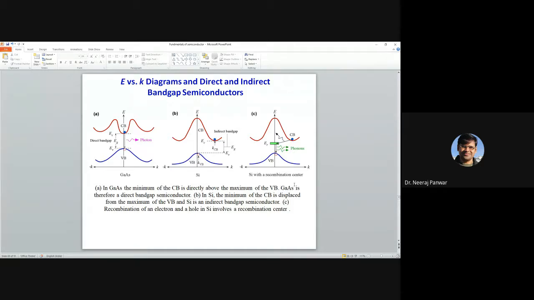Then in order to make different color LEDs, we dope with phosphorus or aluminium in gallium arsenide, and we tune the band gap depending upon the requirement. So we can have the red color LED, the green color LED, the yellow color LED, and the blue color LED was difficult to make, but scientists fabricated the blue color LED as well, and for that they were awarded the Nobel Prize in 2014.